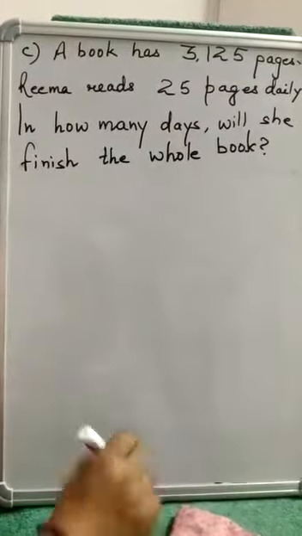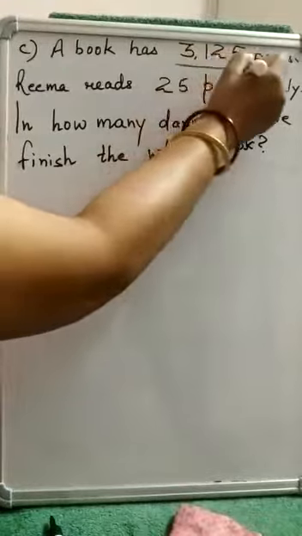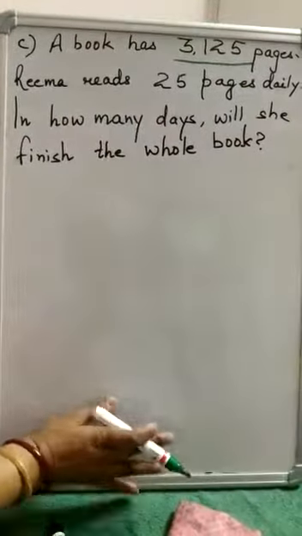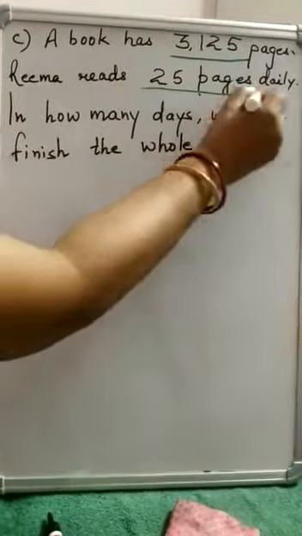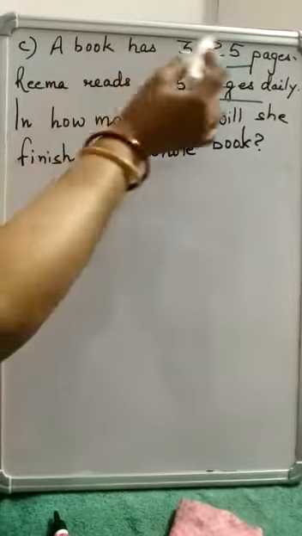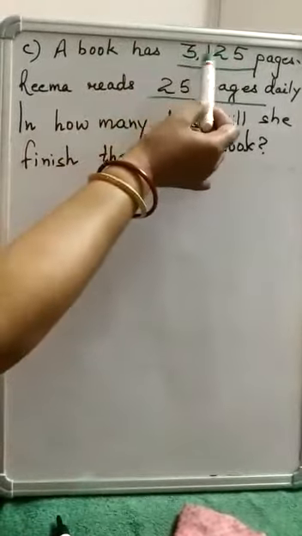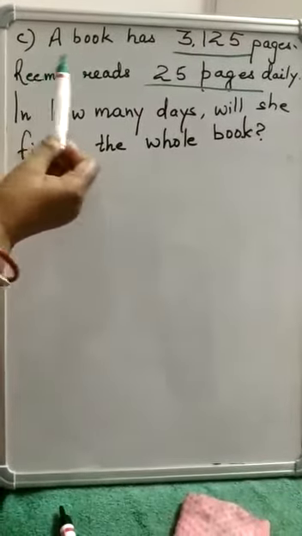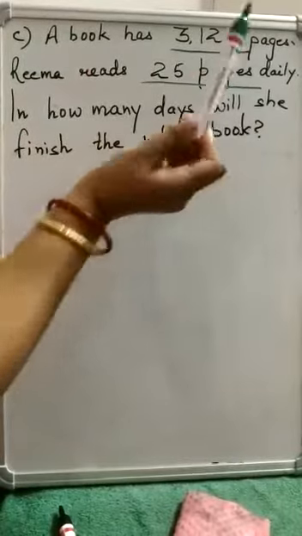So here what are the punchlines? 3125 pages, right? And the next punchline, 25 pages. Total number of pages in the book is 3125, and the number of pages Rima reads daily is 25 pages.